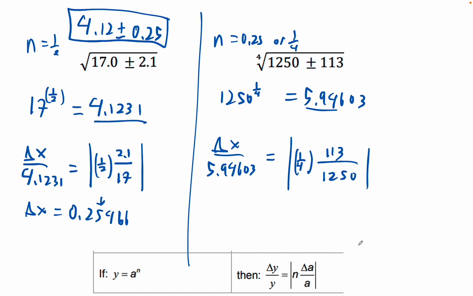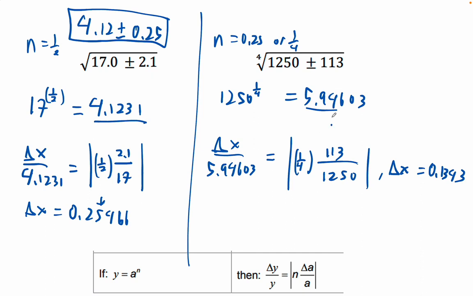Okay, so I'm going to take a number on my calculator. I go times 0.25 because I'm lazy, times 113 divided by 1250. And that's delta x equals 0.1343.